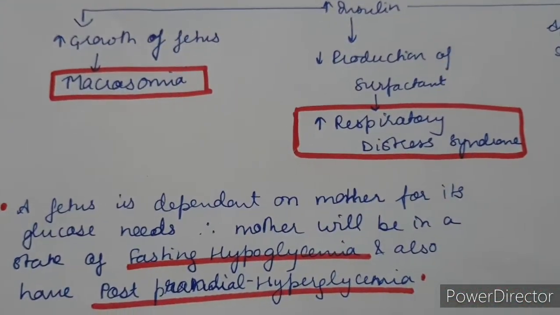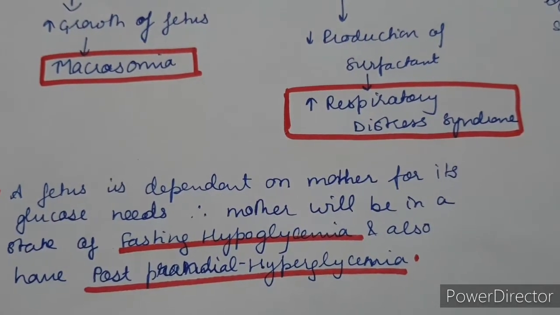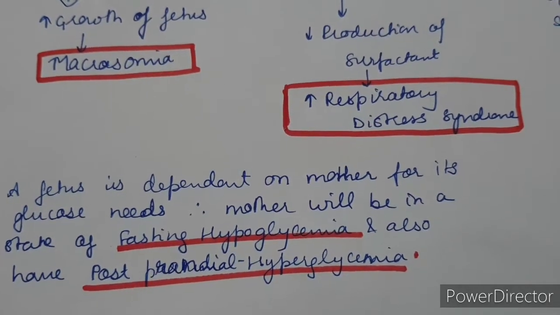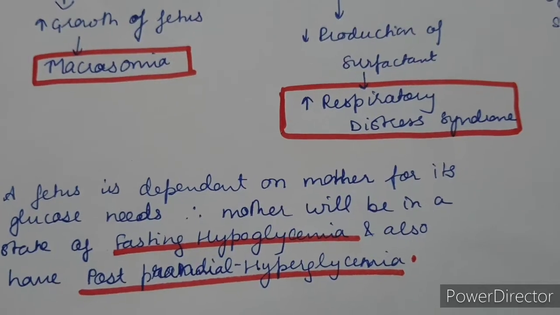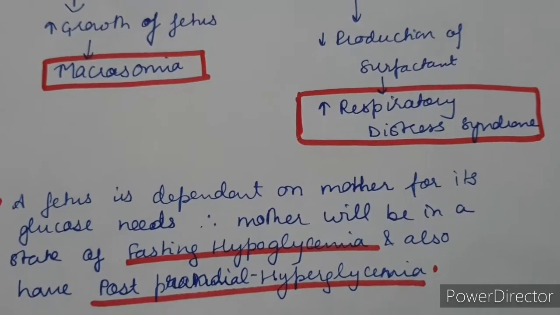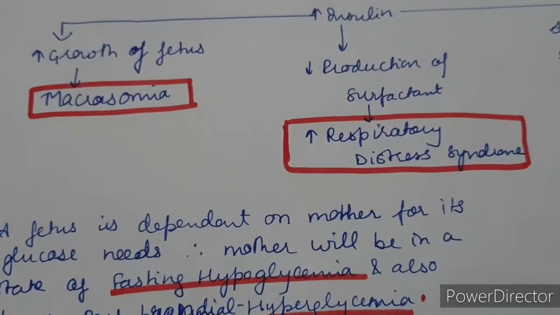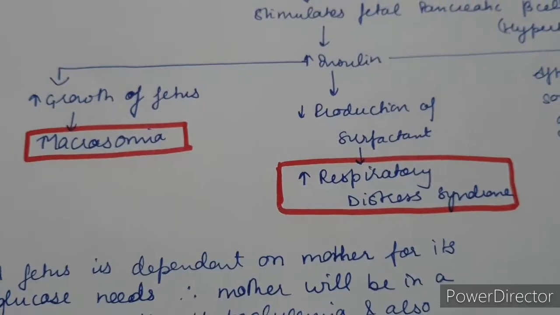One thing you must also remember: if a fetus is dependent on the mother for its glucose needs, then the mother will be in a state of fasting hypoglycemia and also have postprandial hyperglycemia. In the morning when the mother is fasting, the fetus is always having the source of glucose.